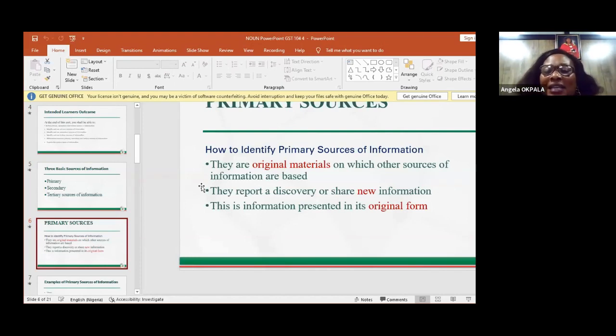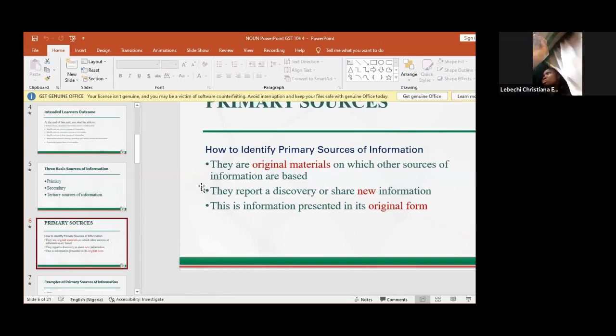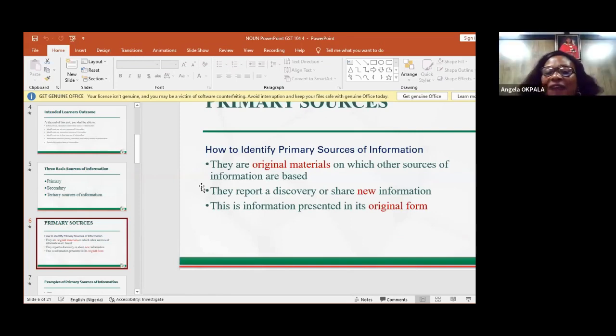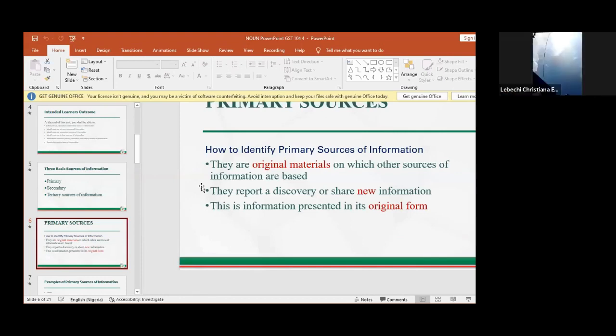Now, how do you identify primary sources of information? The primary sources of information, in a nutshell, are original materials. They have not been colored, no connotations. They have not been subjected to different types of interpretation. They are new information. They are in their original form.